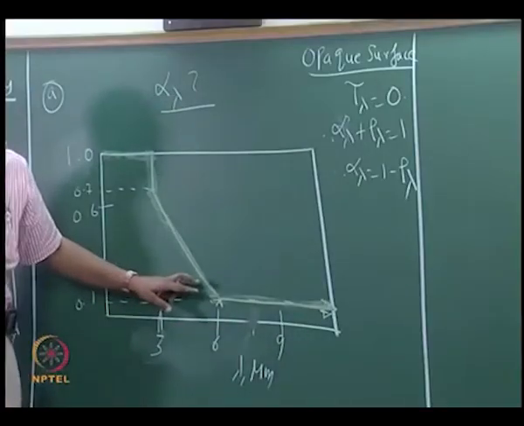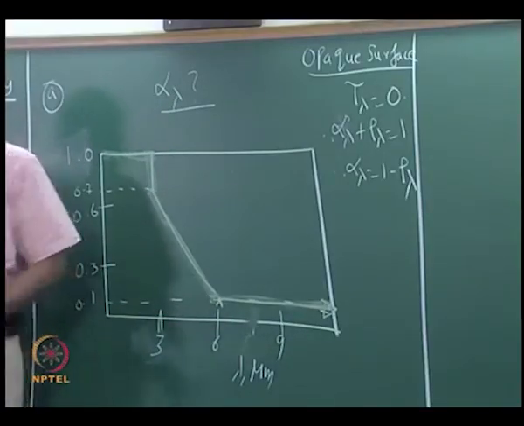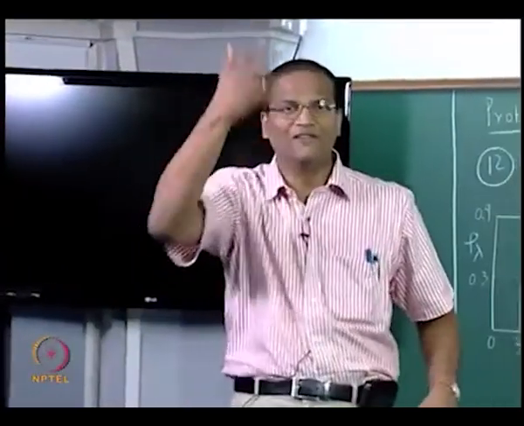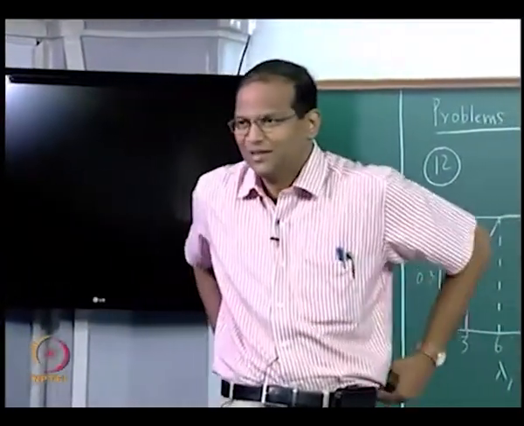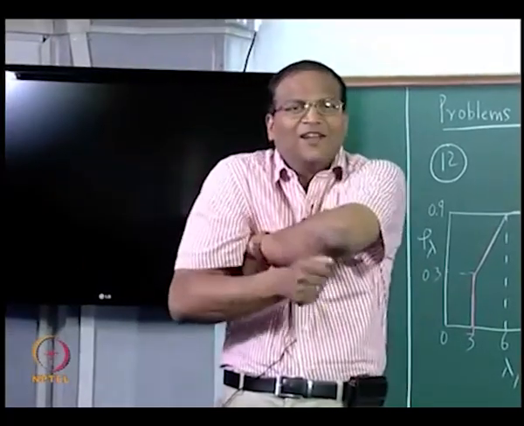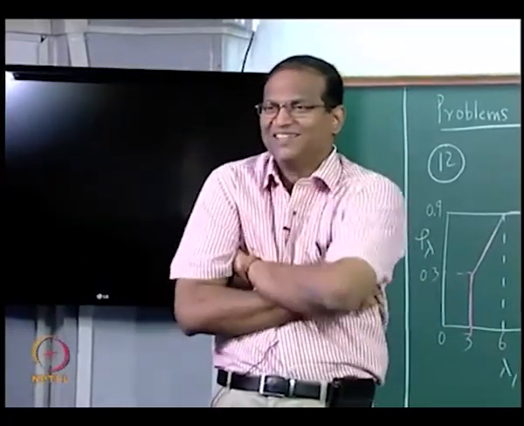Do not get confused, it is not having an alpha lambda with a band like this, just for depiction, that is not the uncertainty associated with that. There may very well be an uncertainty associated with that. Uncertainty can also be estimated using some techniques, let us not worry about that.